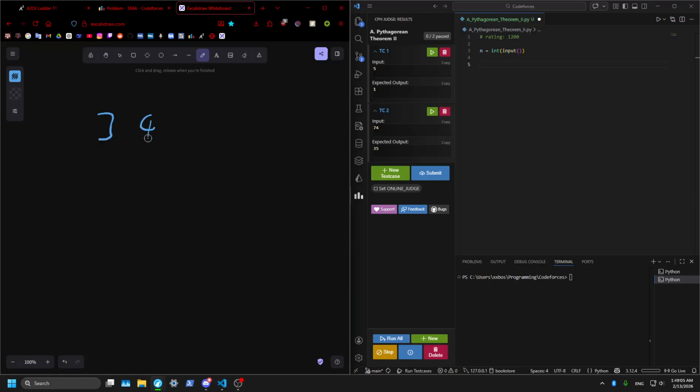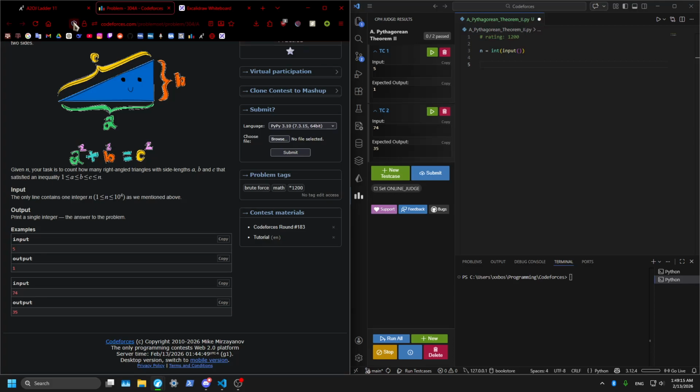Okay, so there's 3, 4, 5 and 5, 12, 13. Those are the only two I have memorized. The question is, how do you find them? I just have no clue on where to start. I guess we can look for the greatest C value. In this case, it would be 8, 64. Well, what do I do with that?